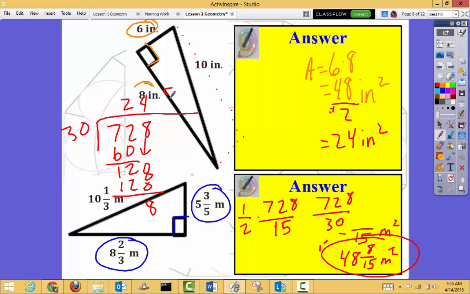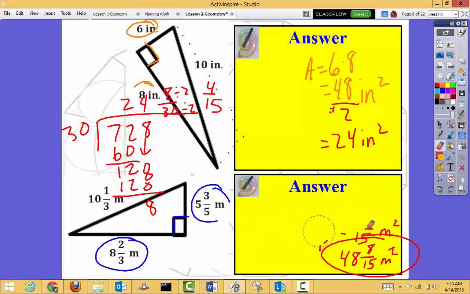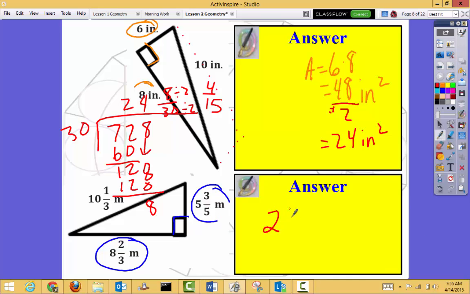That's going to be 8 over 30. And I can reduce this, divide by 2, to 4 15ths. So my final answer is 24 and 4 15ths meters squared.